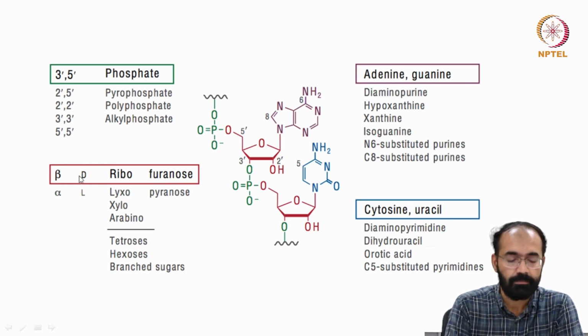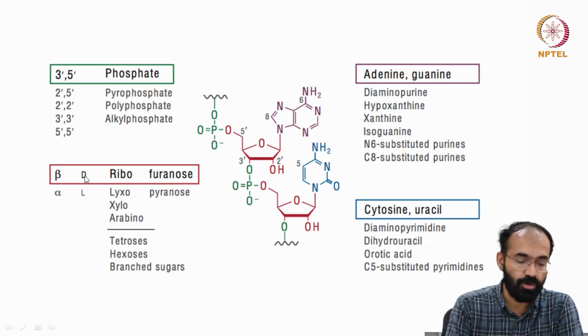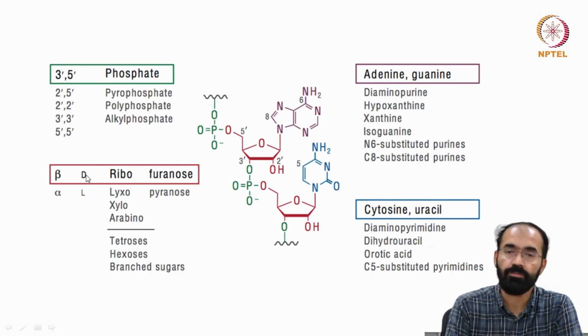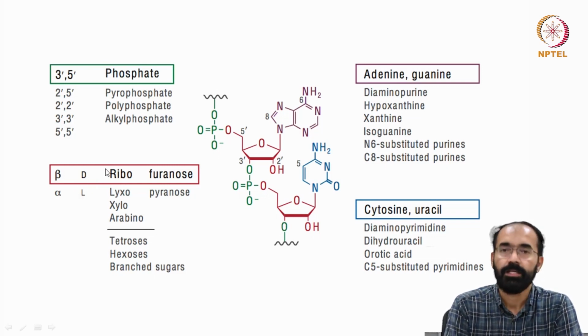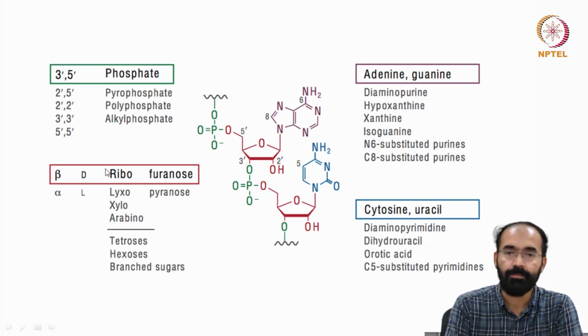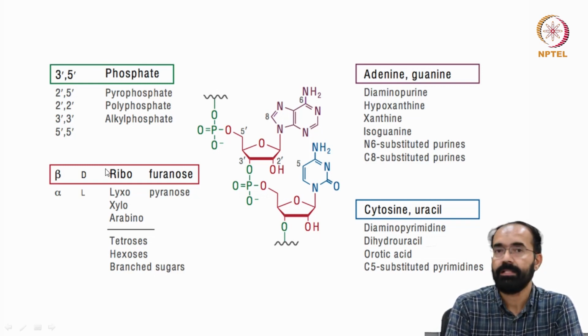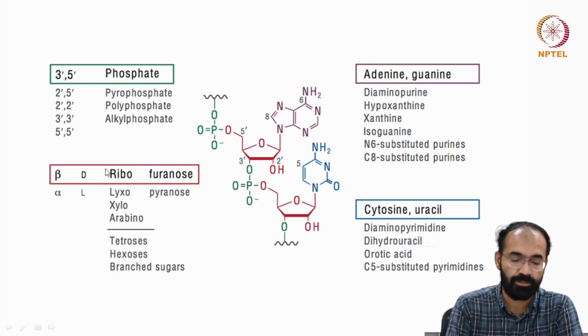What this D stands for, dextrorotatory, that is the chemistry, this optical activity of organic molecules, and L stands for levorotatory. Those who have studied chemistry will know that optical activity is a property of various chemical molecules which has the ability to rotate the plane of polarization of a plane polarized light while in solution.